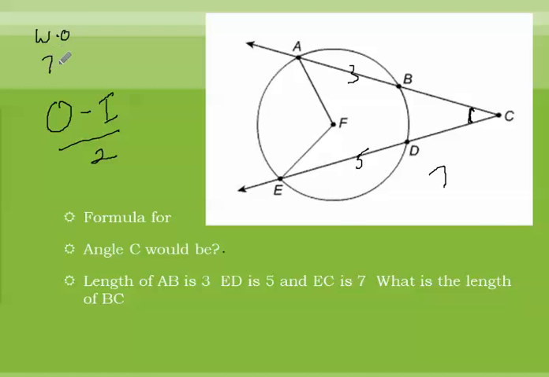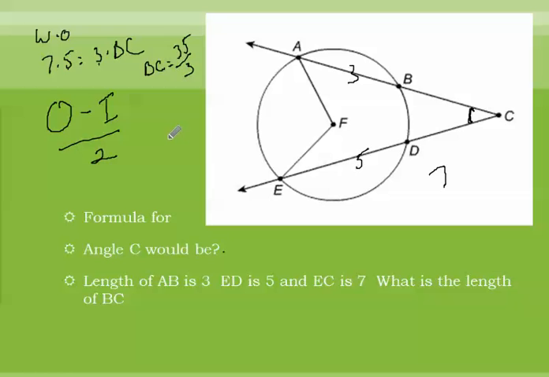So I could take 7 times 5 is going to be equal to 3 times BC. Well, that's going to be 35 divided by 3. So BC is going to be 35 over 3.